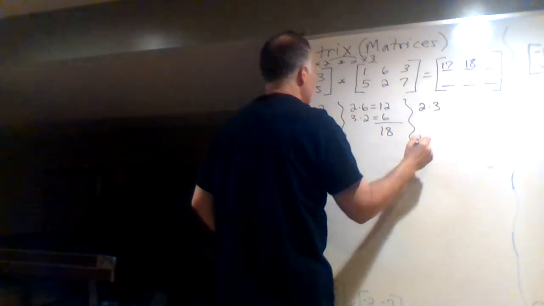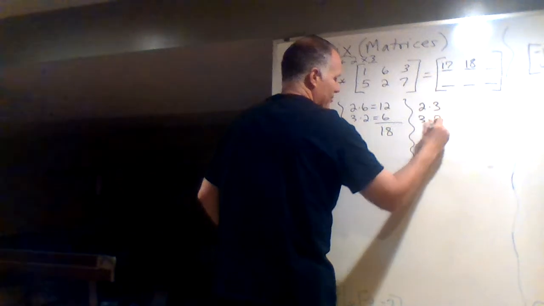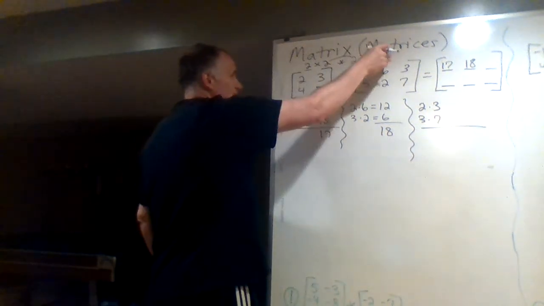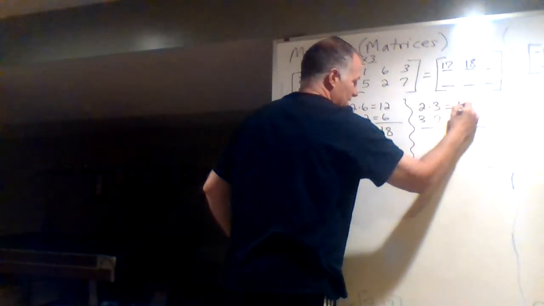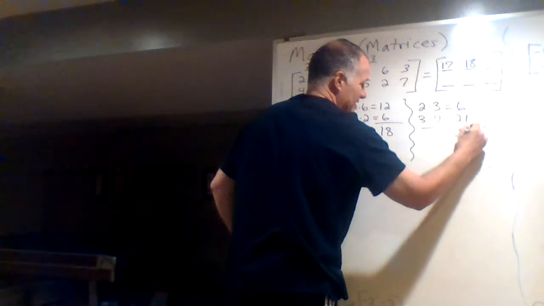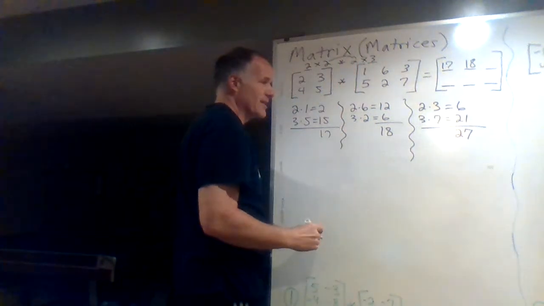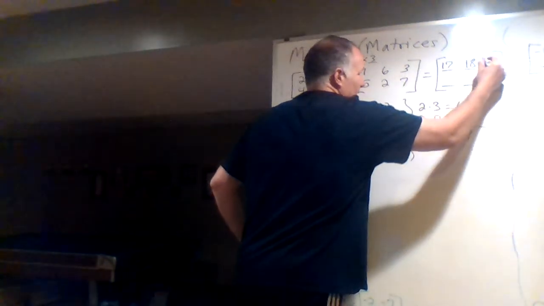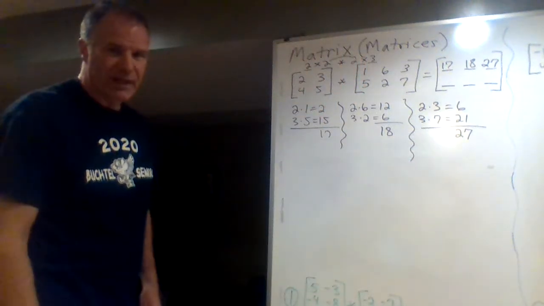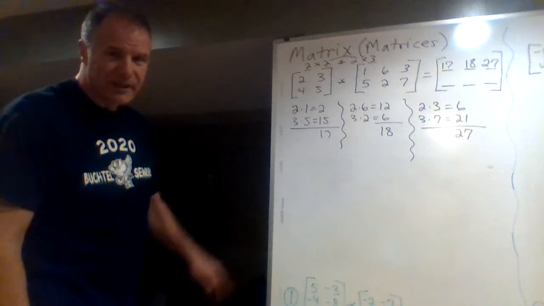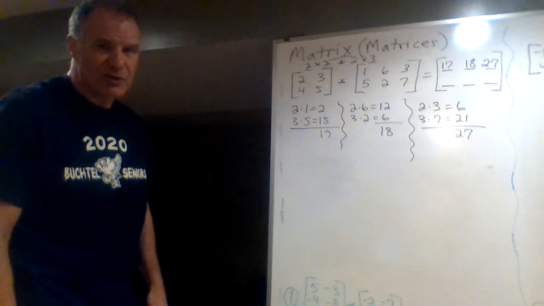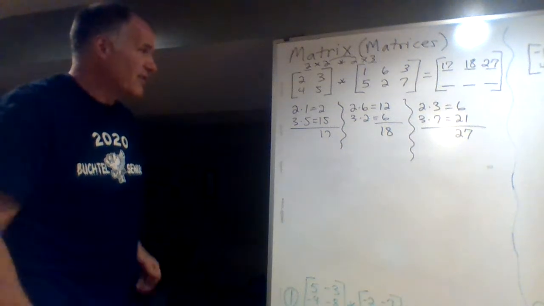So 2 times 3, 3 times 7. 2 times 3 is 6. 3 times 7 is 21. 6 and 21 is 27. There's my answer right there. Halfway done, but we got 17, 18, and 27. There's our first row of the answer matrix.